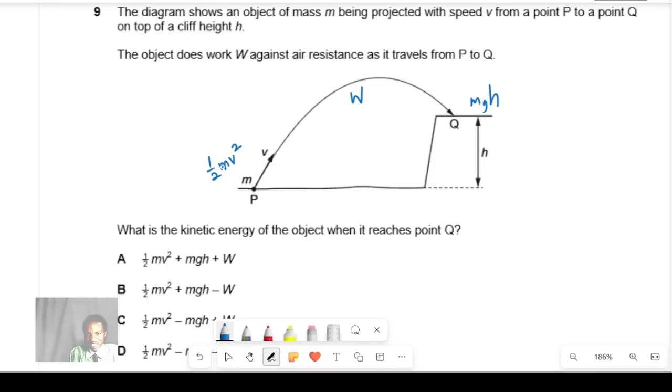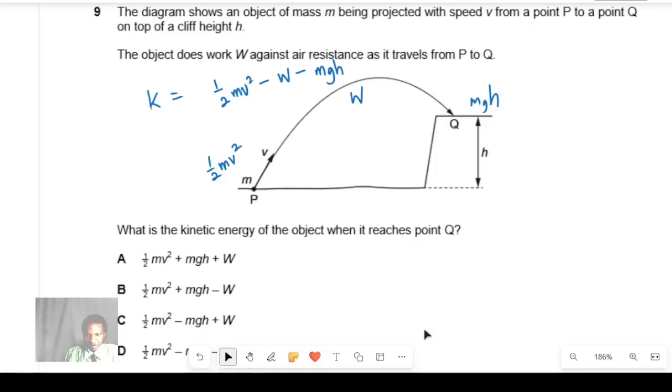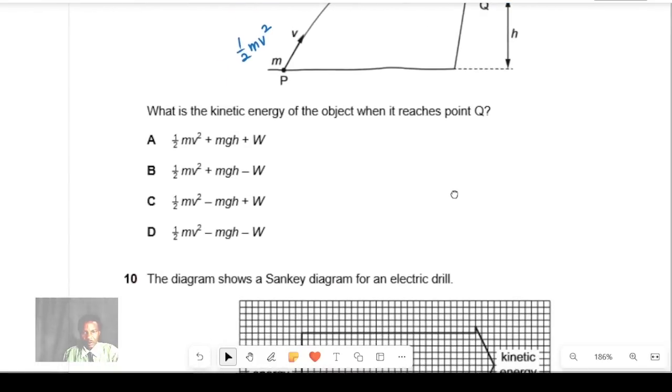It is going to be the initial energy, take away the work done, take away the potential energy. So the leftover energy remaining is K equals half mv squared, take away W, take away mgh. So the answer to this is D.